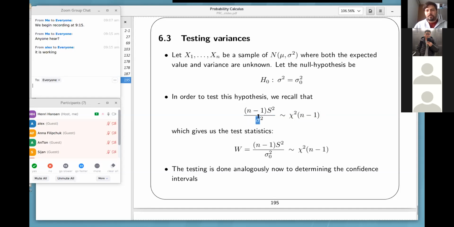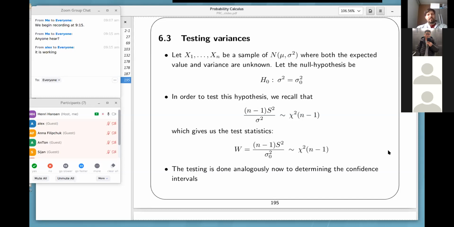We can test statistics: if this sigma 0 is in fact the actual variance, then this will be chi-squared distributed.